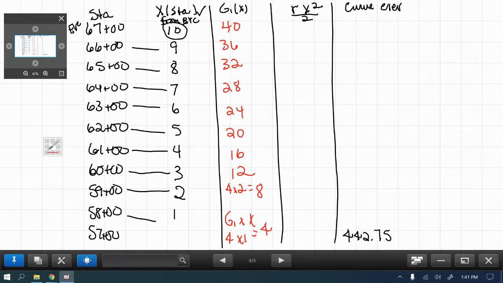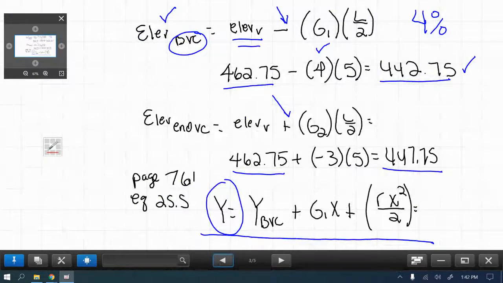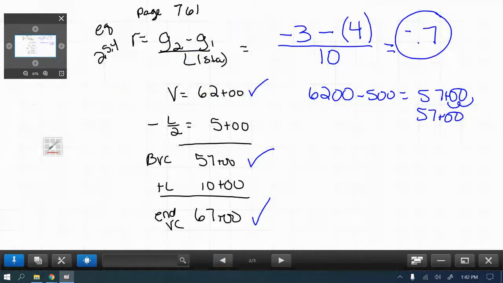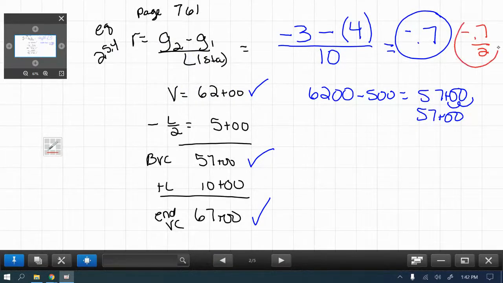So my R's 0.7. I notice a lot of times I'll see ones that already take the R and go ahead and divide it by 2. So that'd be a negative 0.35.